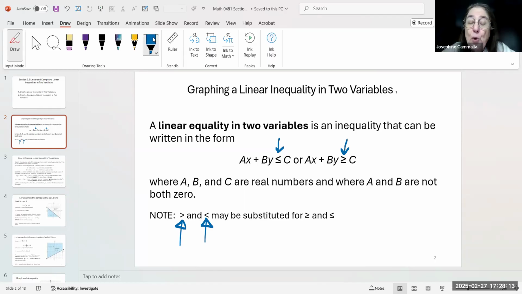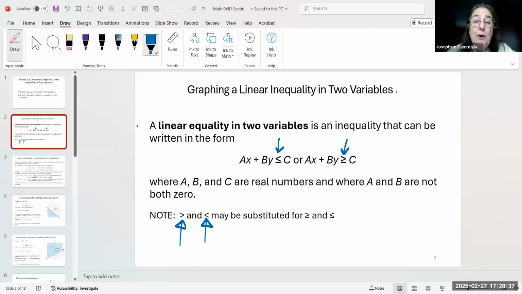And I'm going to give you some steps on how to graph these inequalities, but I will be very honest. It's a lot easier to show you than it is to give you a series of steps. But once I've done it a few times, maybe the steps will mean something more to you.